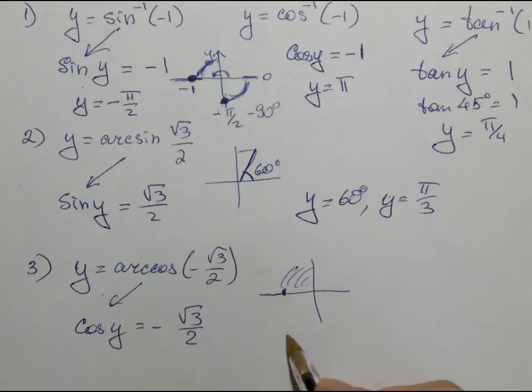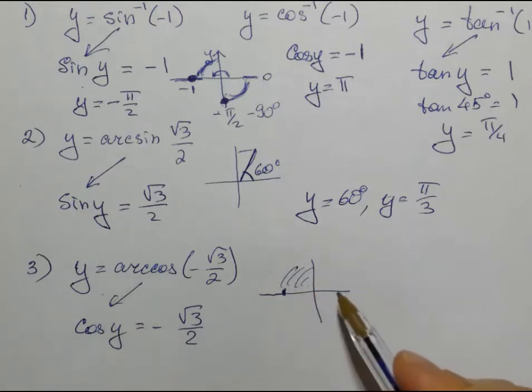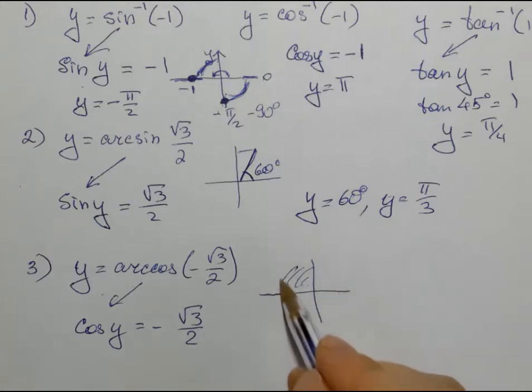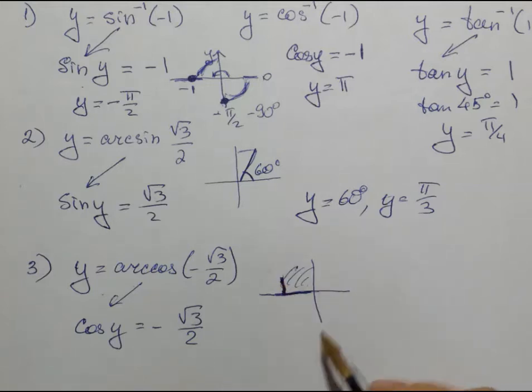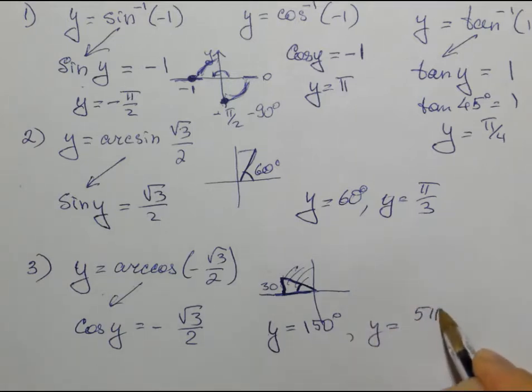You know that the reference angle will be 30 or 60, and the cosine is the longer leg and sine is the shorter leg. Then it is this angle, the 30 degrees reference angle, so y equals 150 degrees, or y equals 5 pi over 6.